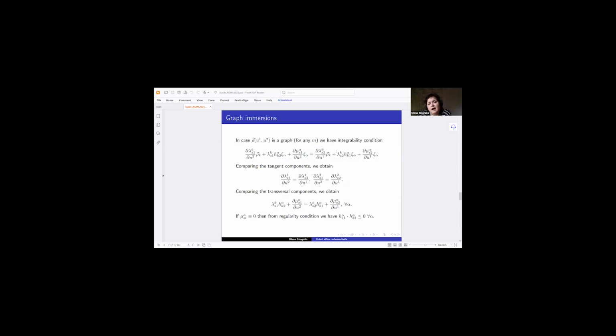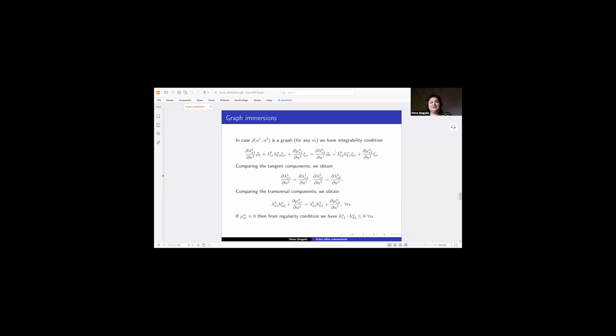We have very complicated regularity conditions, and in the general case, it's too complicated to investigate these submanifolds as immersions. So we can assume a simpler case.